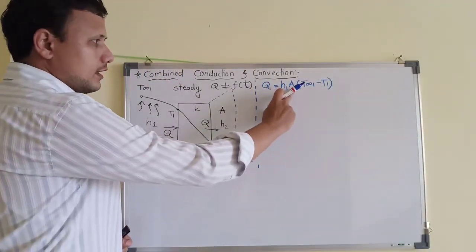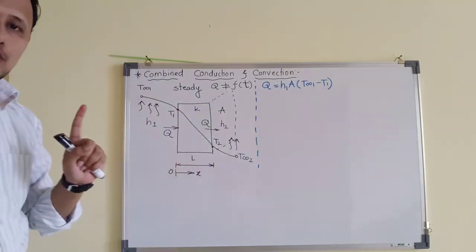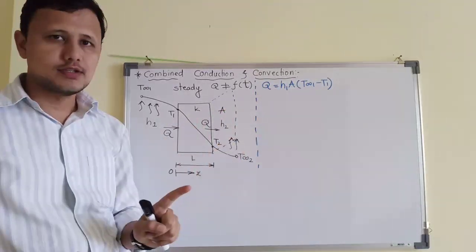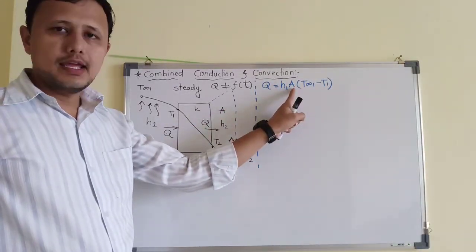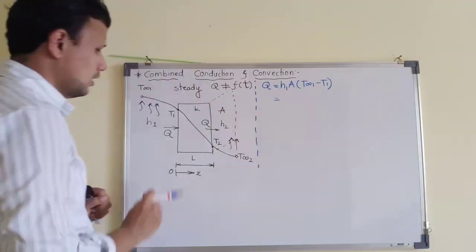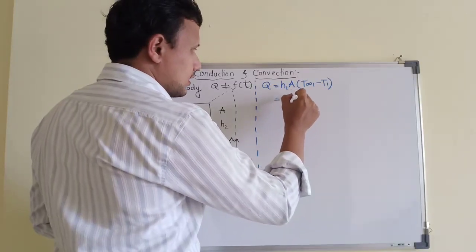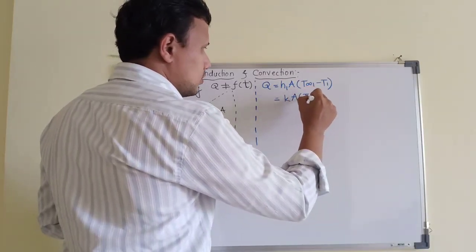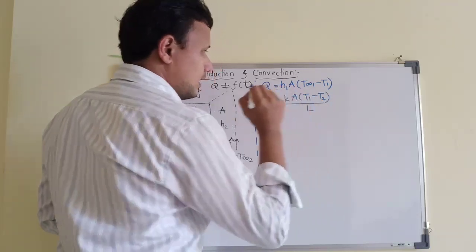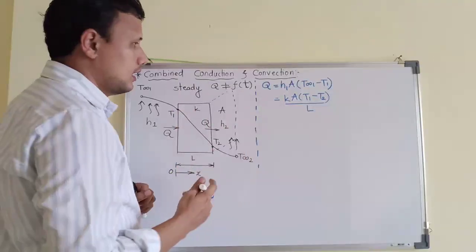A is the cross-sectional area for heat transfer, and it is a plane wall, and we have already studied that for a plane wall, cross-sectional area A remains constant. That's why I have written A here only. And this is also equal to, this is convection, now this is conduction. Conduction is given by kA into T1 minus T2 upon L by Fourier's law of conduction.